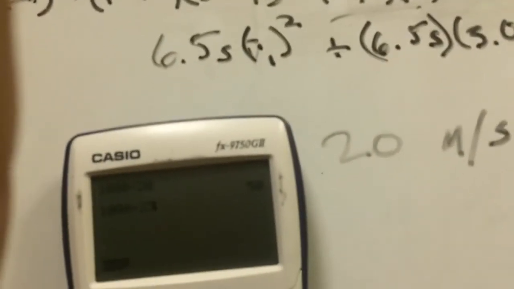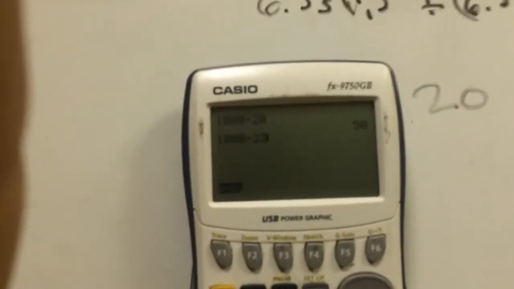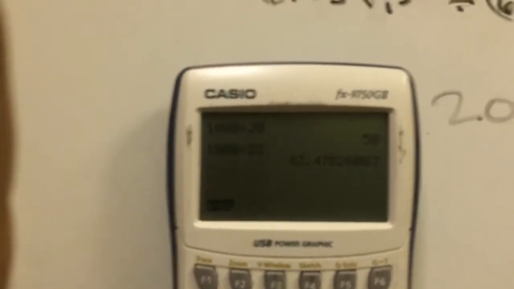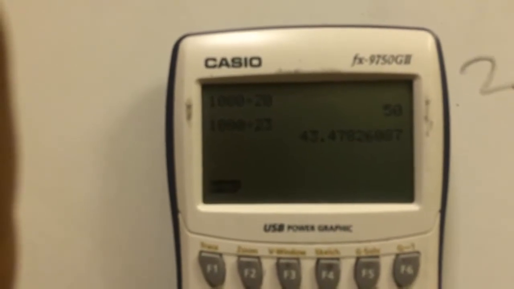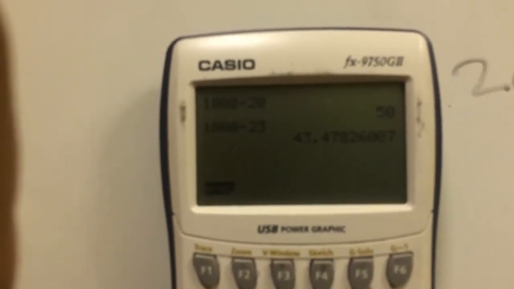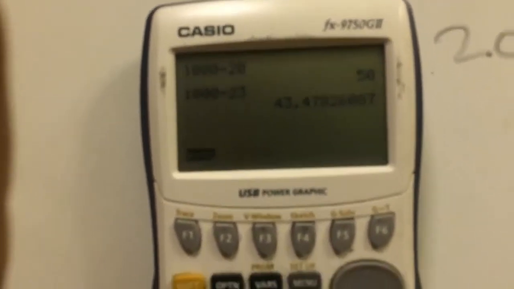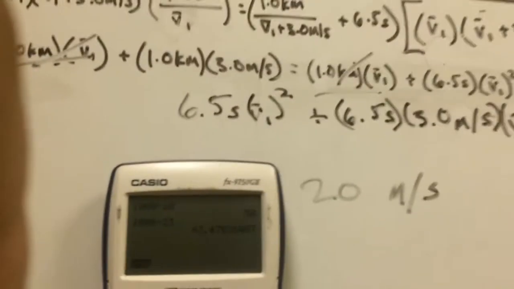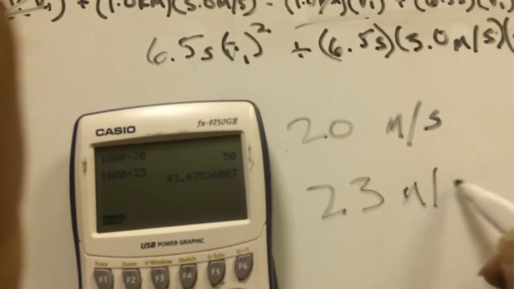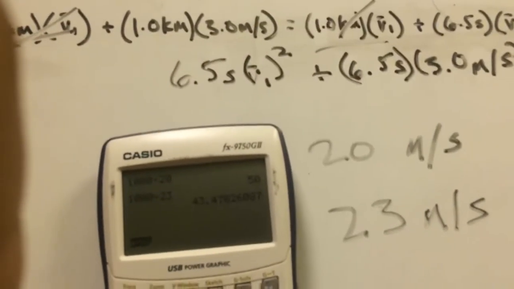So our original speed is 20, then we increase by 3 meters per second, and our time to travel is decreased by 6.5 seconds. This should give us 43.5. It gives us 43.47. Rounded to 3 figures is 43.5. Okay, so therefore we know that our original speed was 20. Our speed after the increase was 23 meters per second.